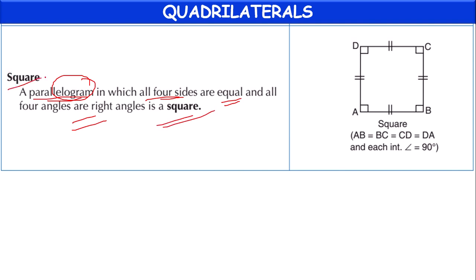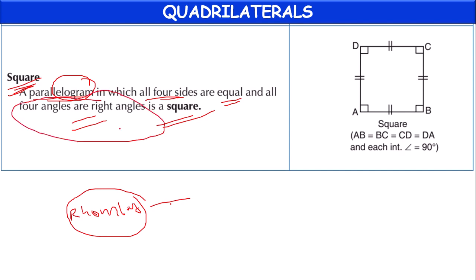But when we say a square is a rhombus, then simply we can tell a square is a rhombus in which all four angles are right angles. We won't tell about four sides are equal. Why? In the name rhombus itself we have told four sides are equal. So square is also a rhombus in which four angles are right angles.